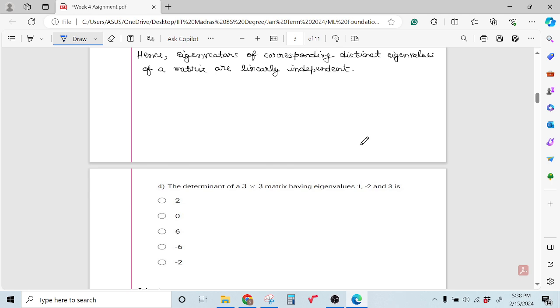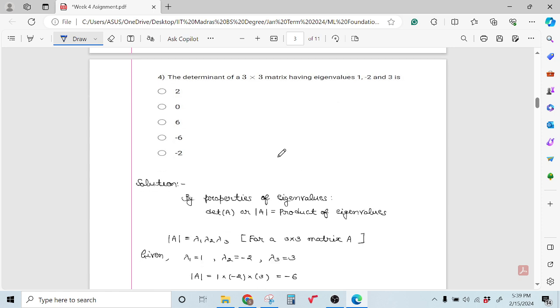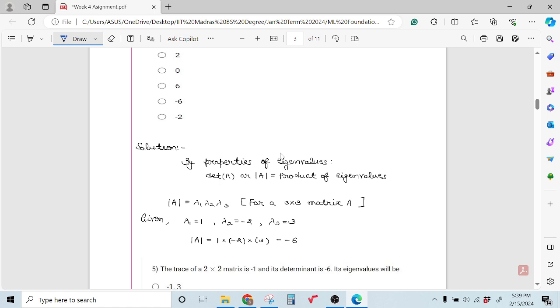Let us solve the fourth problem. The determinant of a 3 cross 3 matrix having eigenvalues 1, minus 2 and 3 is: by properties of eigenvalues we know that the determinant of A is equal to the product of eigenvalues.